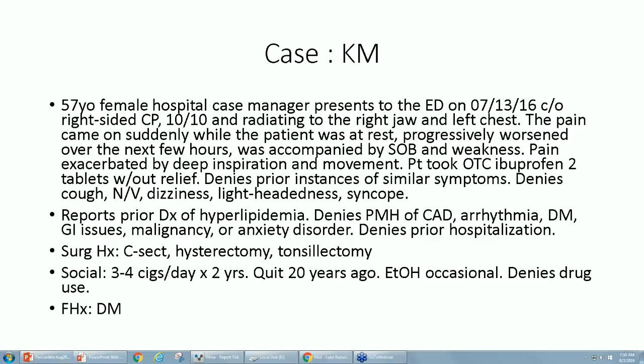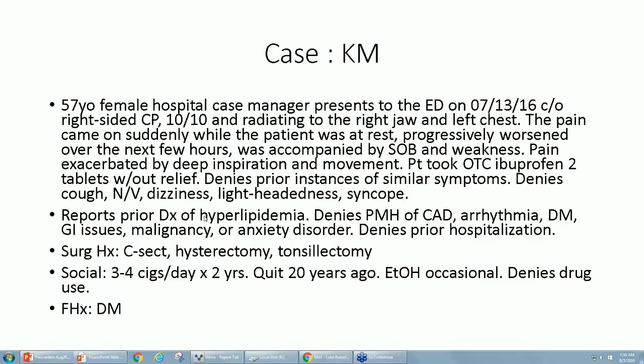She also had some shortness of breath and weakness, and the pain was made worse by deep inspiration and movement. She attempted to take ibuprofen, which did not help, and she didn't have any prior episodes similar to this. She denied any cough, nausea, vomiting, dizziness, lightheadedness, or syncope.